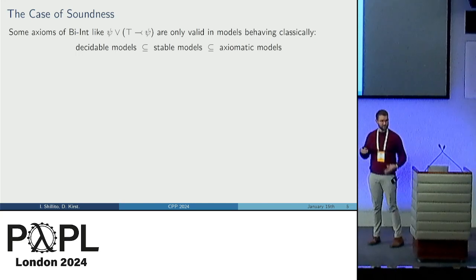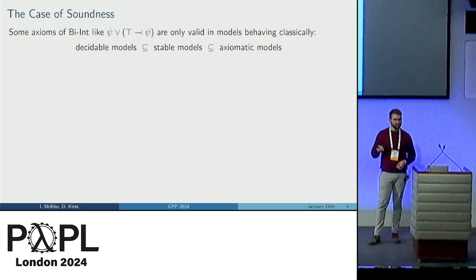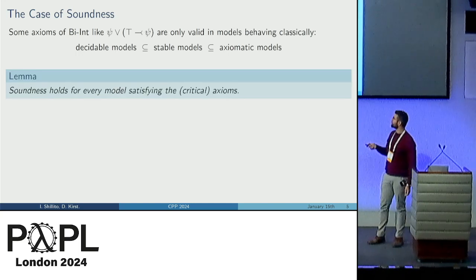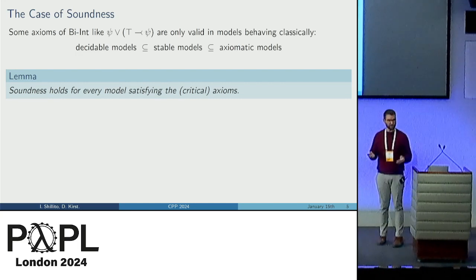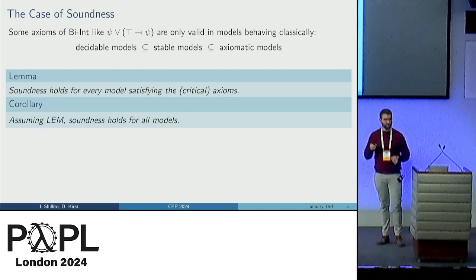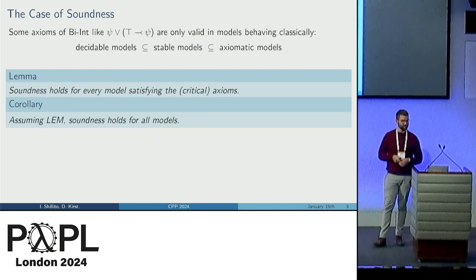Not every model in a constructive metatheory necessarily satisfies this property because it gives you some disjunction for free. So instead, what you can prove is that soundness holds for every model satisfying these critical axioms. In particular, if you have the excluded middle around, every model will satisfy these axioms, and then you're good.